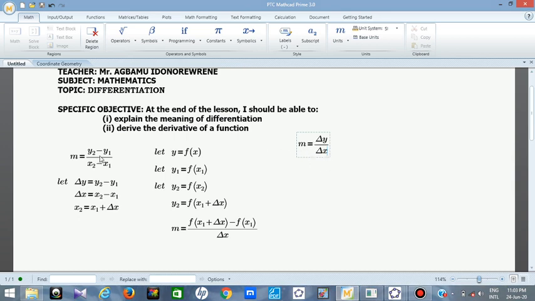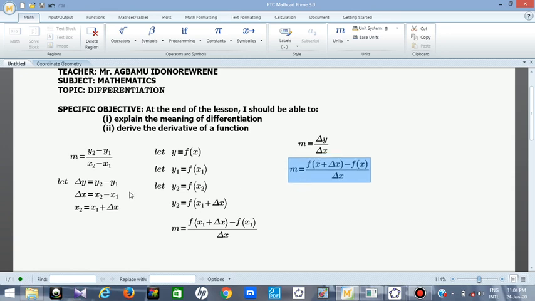Understand? So gradient is the same thing as this. So this value of M will now be equal to f of x plus delta x minus f of x, divided by delta x. So that is it.